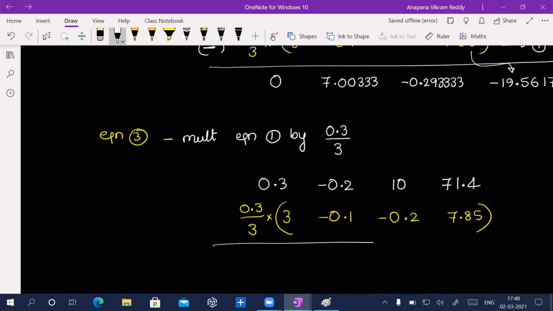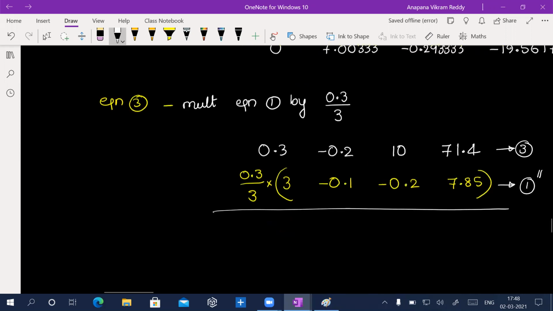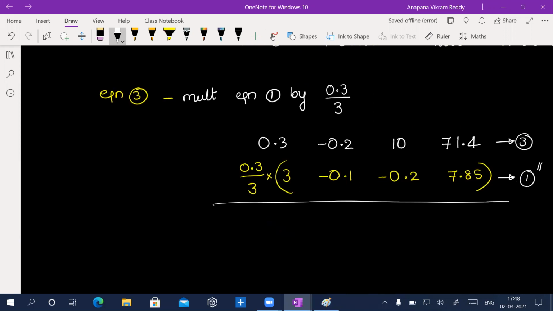So this is your equation number 3. And I normalized my equation number 1 a second time, so I just took 1 double prime to show it's modified a second time. There is no other meaning in that. So now subtract 1 double prime from equation number 3.